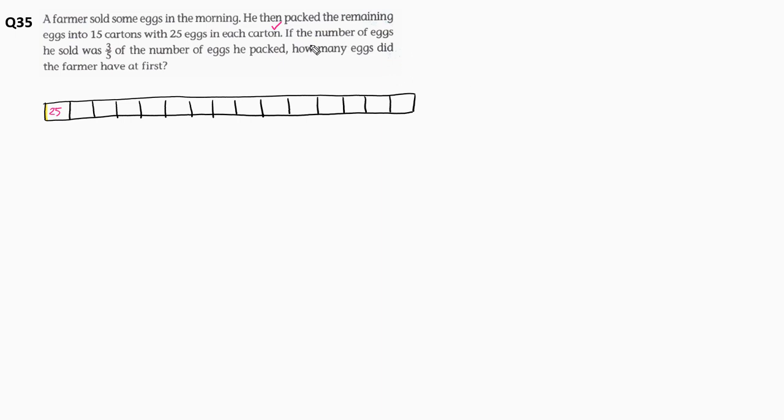Okay. And then it says that if the number of eggs he sold was 3/5 of the number of eggs he packed, how many eggs did the farmer have at first?